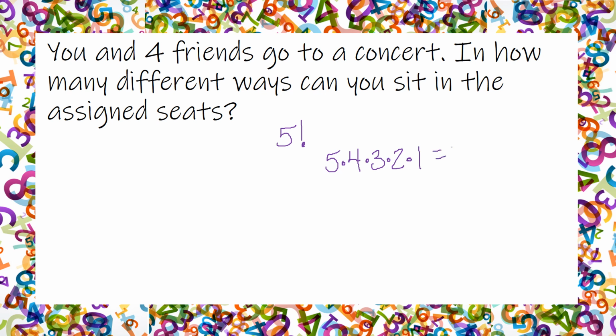That's going to be 120 different ways that you can sit in those seats. Now, make sure on this one that you count you, because you're still a person. You and 4 friends. So that means 1 plus 4, and that's how we got 5.